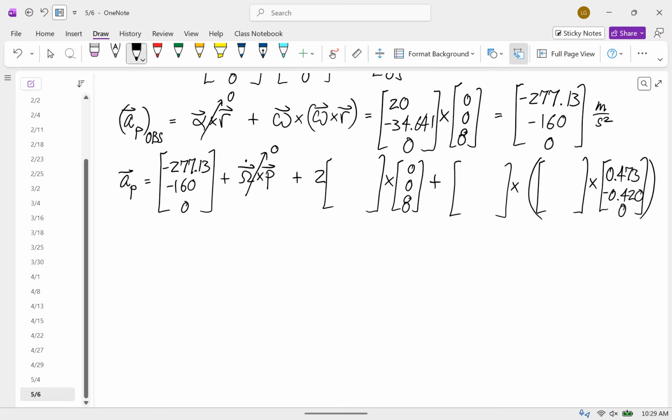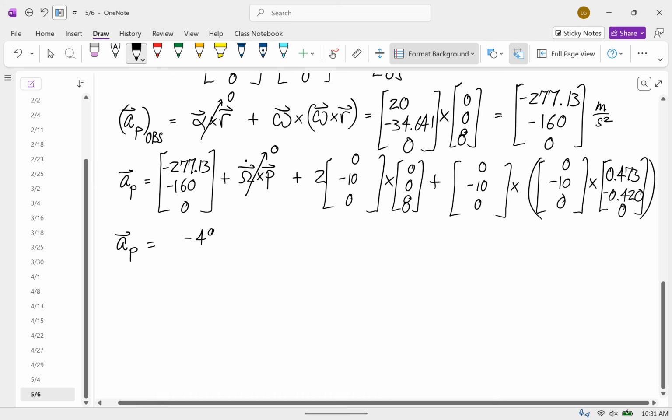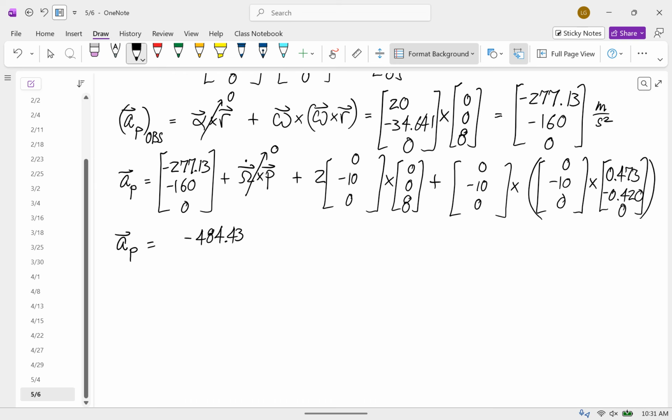So 0, negative 10, 0, 0, negative 10, 0, 0, negative 10, 0. And I got negative 484.43, negative 160, 0.